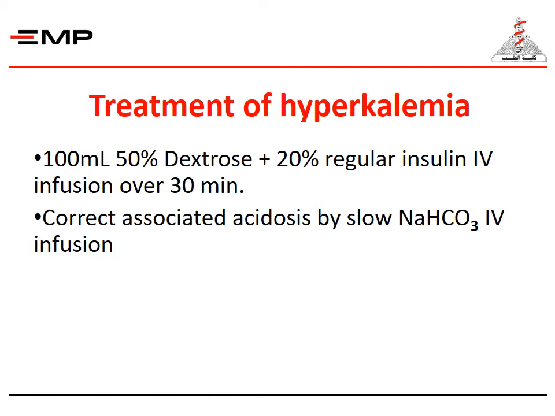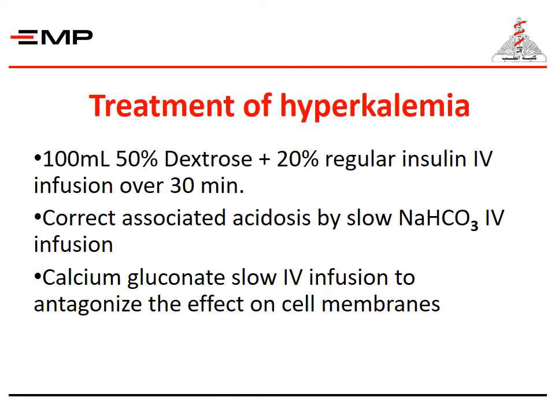If there is associated acidosis, the treatment of acidosis per se shall cause the potassium that moved out of the cells to move back into the cells. The effect of potassium on cell membranes like the myocardium and nerve and muscle cells is antagonized by calcium.